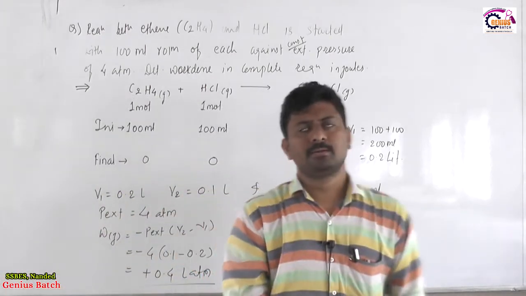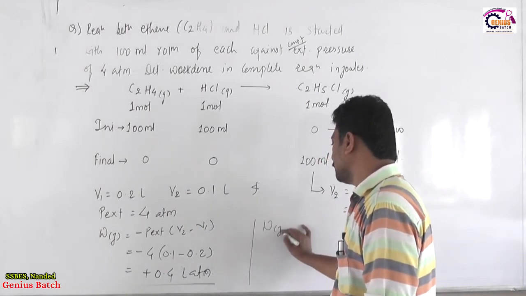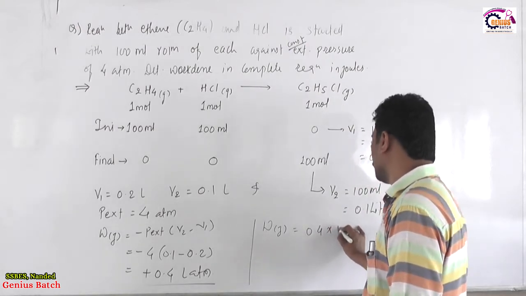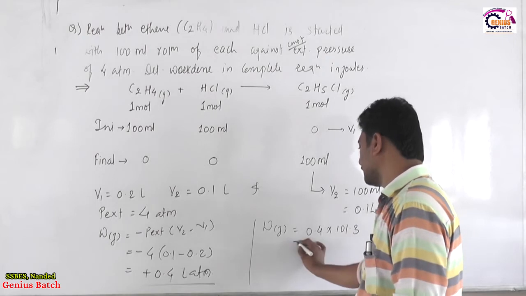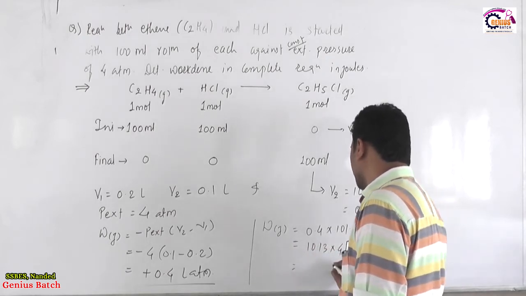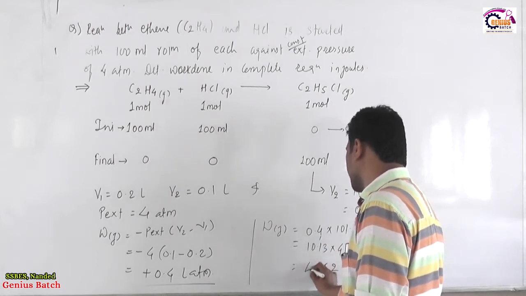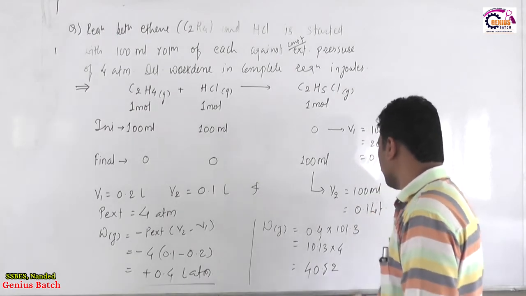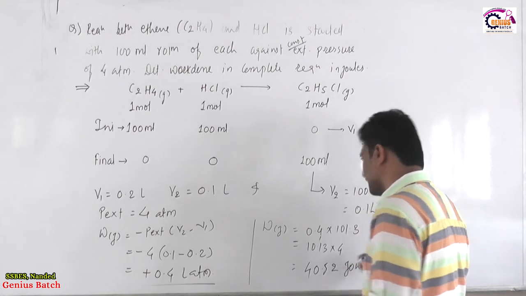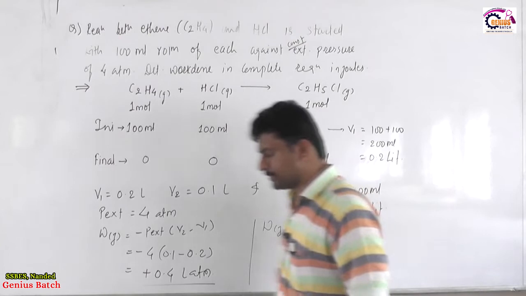In the same question we require work done in joules. So work in joules can be taken as 0.4 into 101.3. This means 10.13 into 4, which is 40.52 joules. This is the magnitude of work done for the present question.